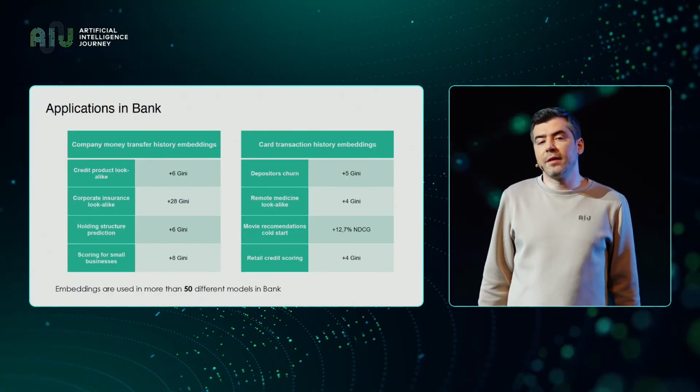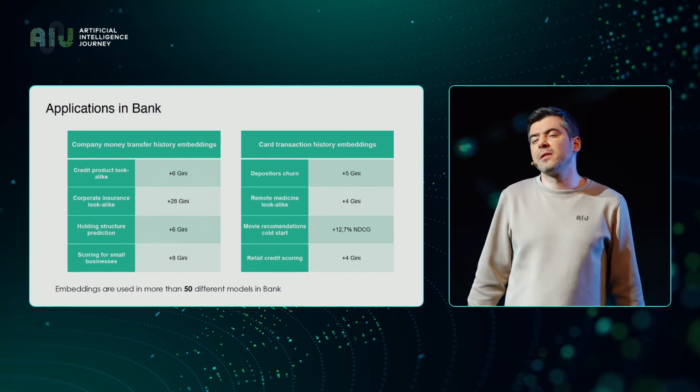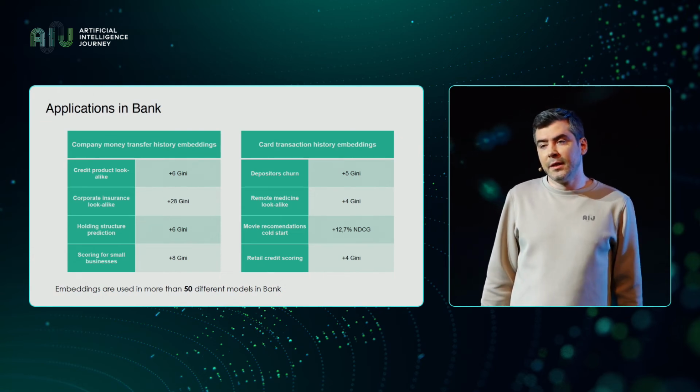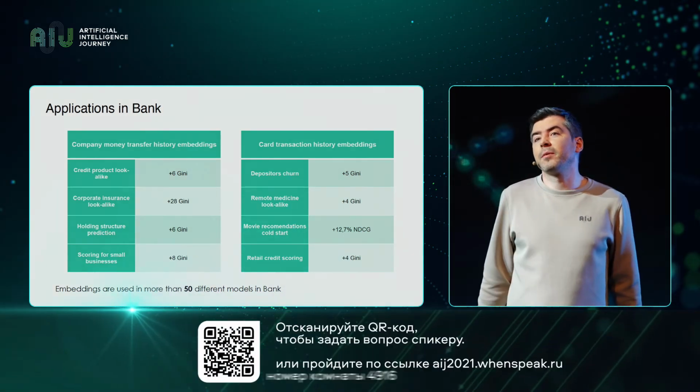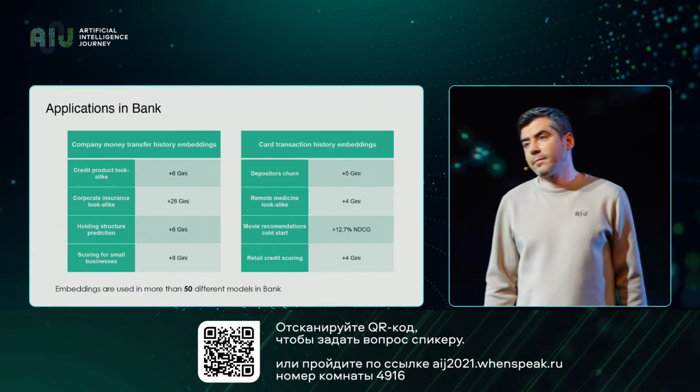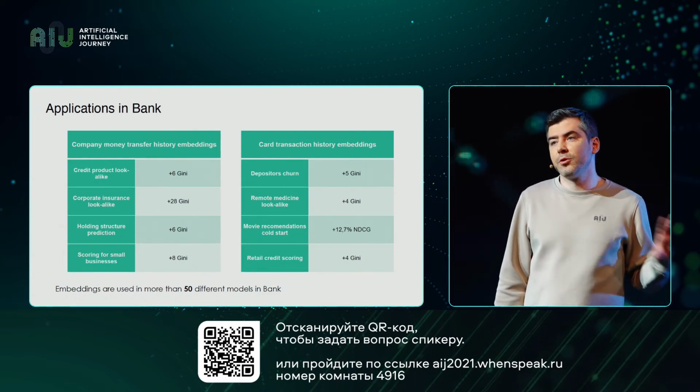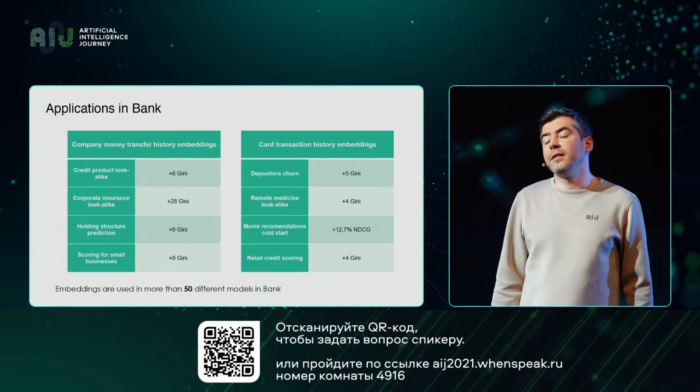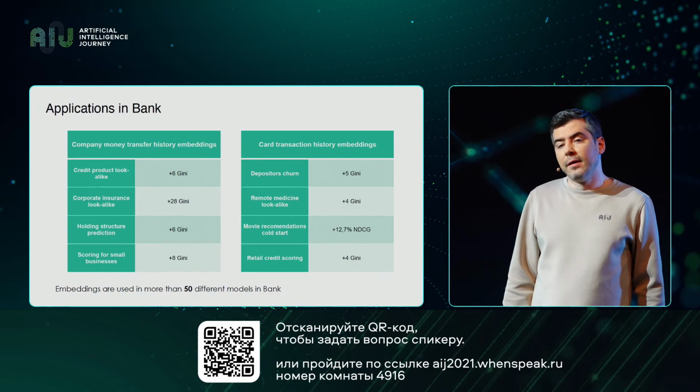It is clear how to build a sequence for cards, but with respect to payments between legal entities, the aggregate parameters are hard to build and represent because the legal entities have a sophisticated hierarchy.